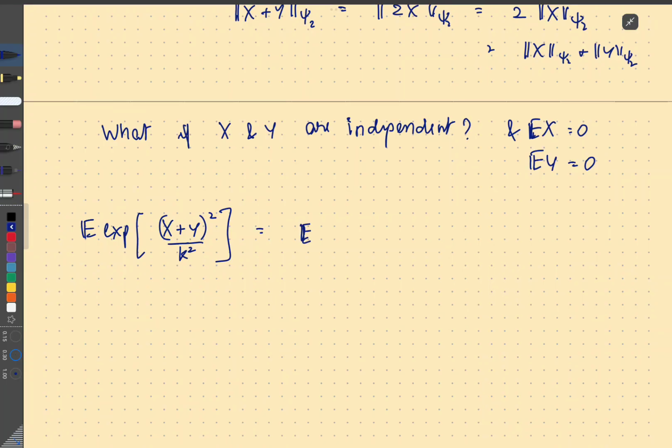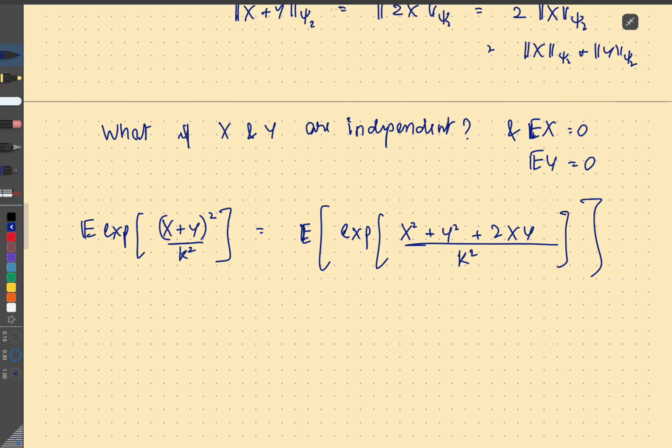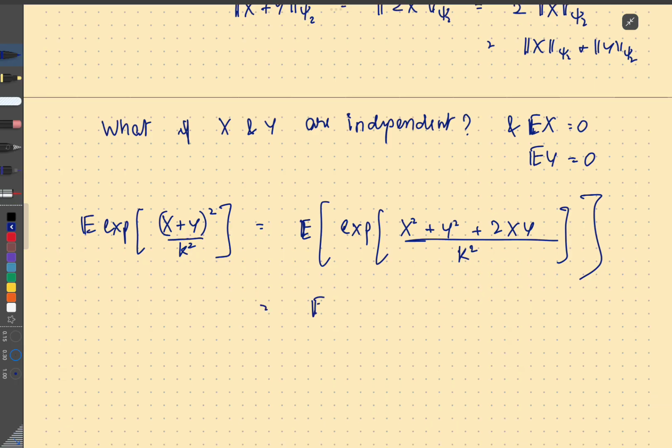This is equal to the expectation of e to the x square plus y square plus 2xy divided by k square, which is nothing but the expectation of e to the x square by k square, e to the y square by k square, e to the 2xy by k square.